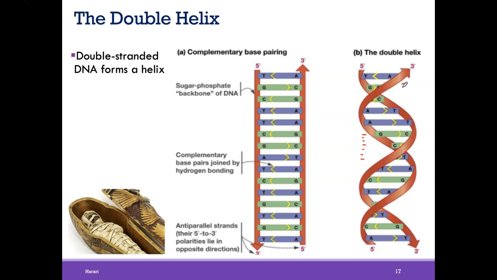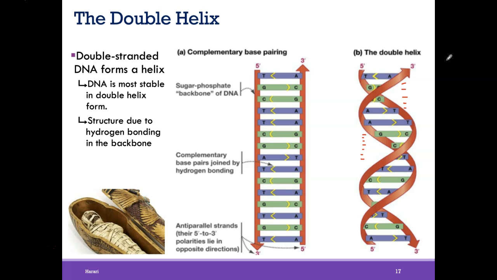So there are some weak interactions between the sugars and the phosphates in the DNA backbone that allow it to form this three-dimensional double helix conformation. And DNA is most stable in this form. So stable that I can go to ancient Egypt and take DNA samples from a mummy that has been decomposing for thousands of years, and the DNA is still intact.